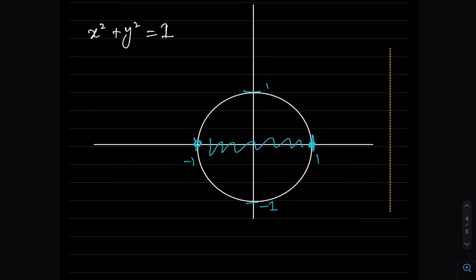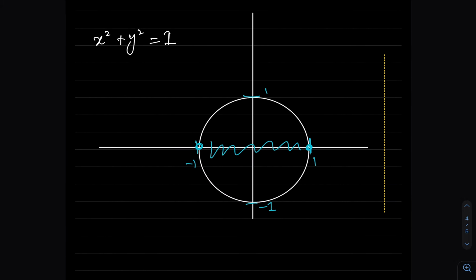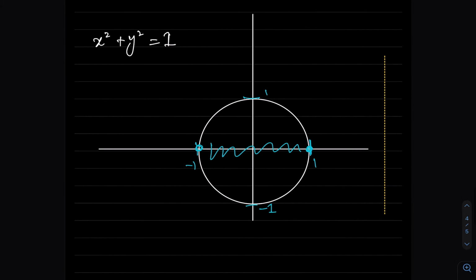Okay, so what happens when we input a number inside this equation? Let's say x is 0.5. So 0.5 squared plus y squared equals 1. Well, what's the square of 0.5? It's 0.25 plus y squared equals 1. Now y squared equals, if you subtract 0.25 on both sides, 0.75.